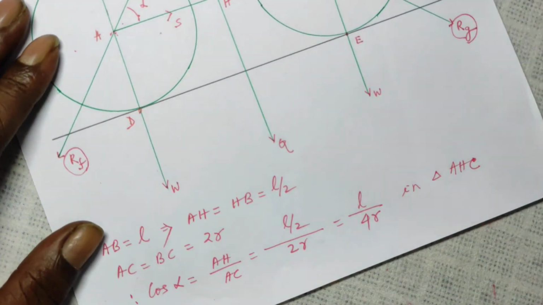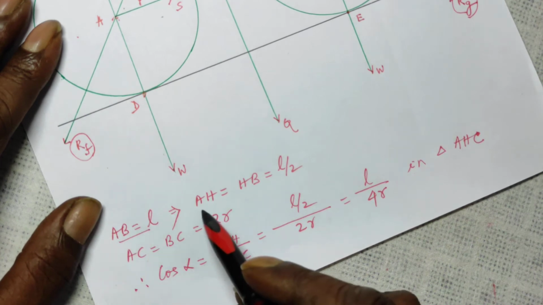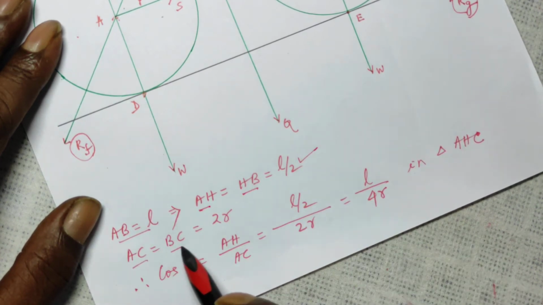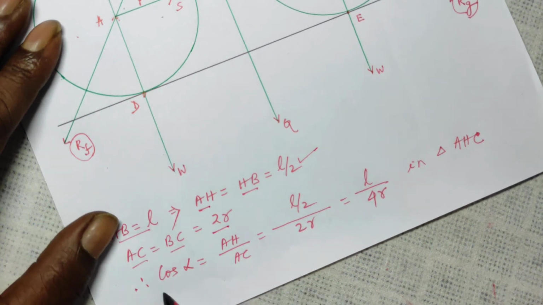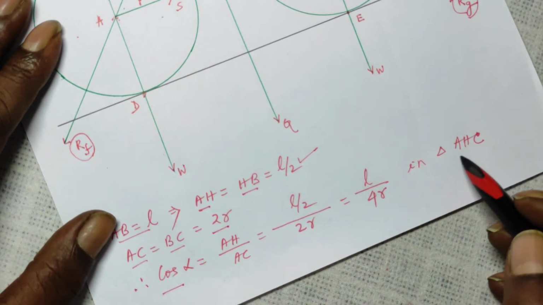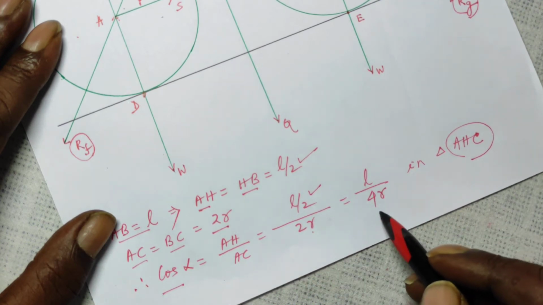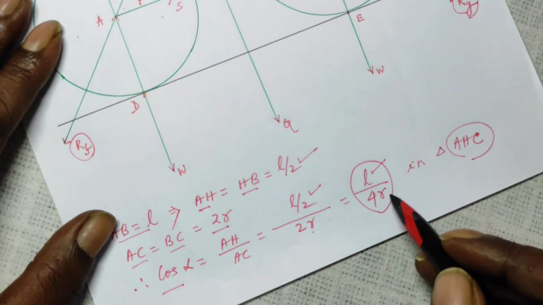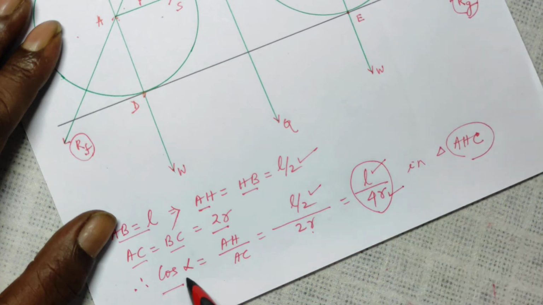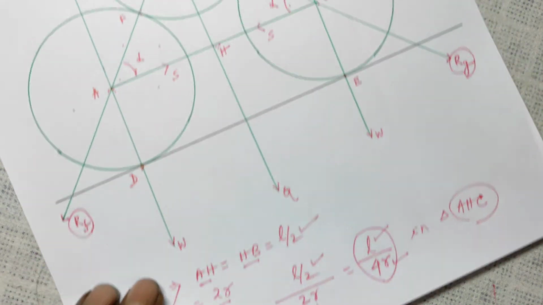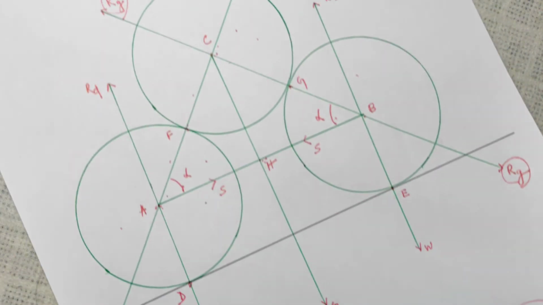AB is equal to L, therefore AH is equal to HB is equal to L by 2, AC is equal to BC is 2 times the radius. Cos alpha is AH over AC in triangle AHC, so L by 2 over 2R, that is L by 4R. Value of L is given, value of R is given. So alpha can be found out, and we will use this value of alpha while discussing the problem.